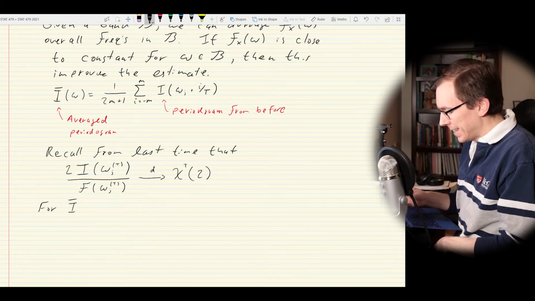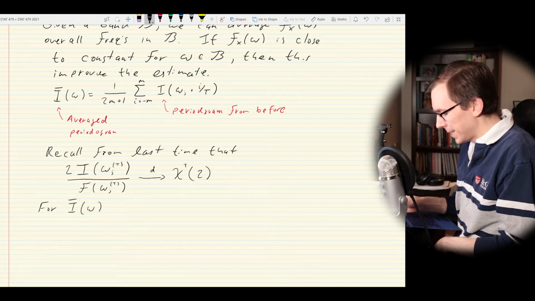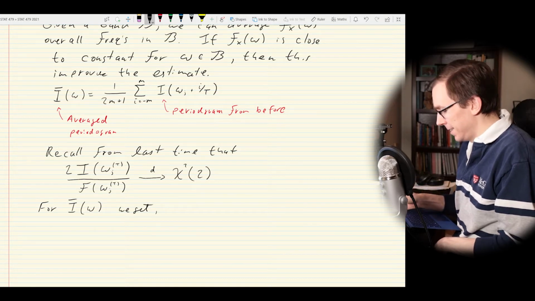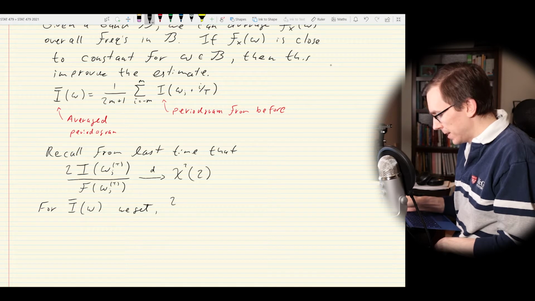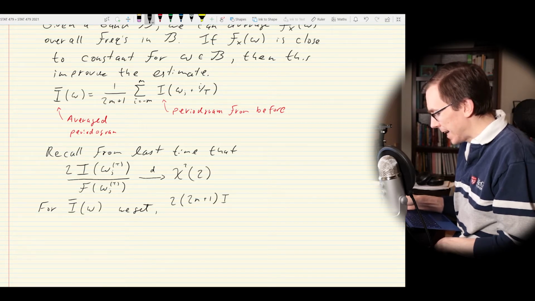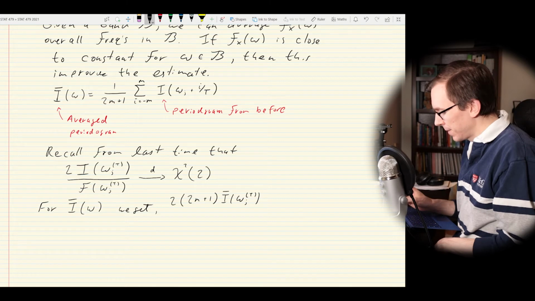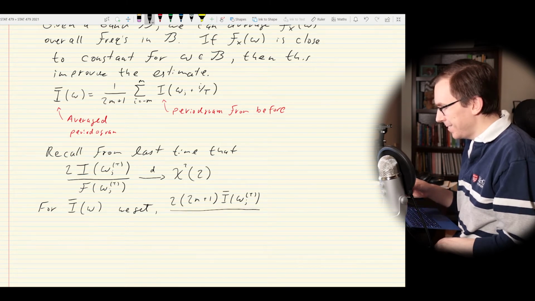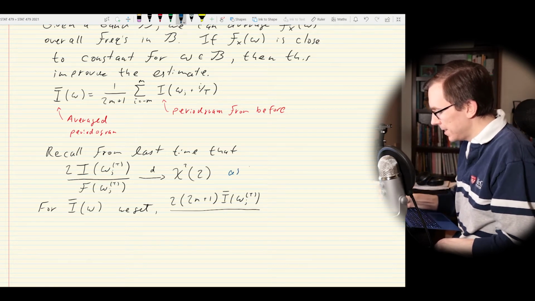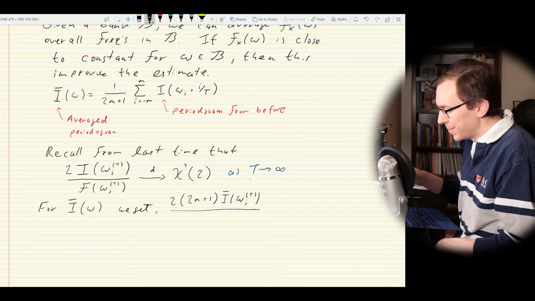But in this case, for I bar of omega, we get something very similar: 2 times the length of this whole thing, 2m plus 1, times the estimate I bar of omega j of T. Remember, that's a sequence of omega j's in T as T goes to infinity, and omega j converges to something.